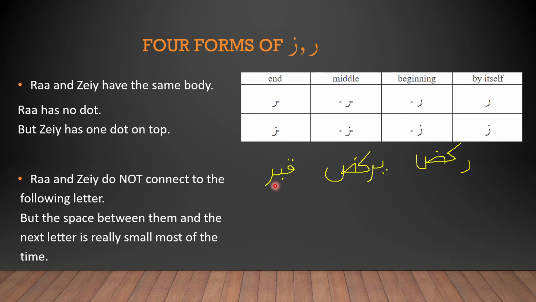This is because Ra and Zay are one of the 6 letters that do not connect with it. So let's revise all the letters that do not connect with the following letter: Alif, Dal, Zal, Ra, and Zay. With this we complete 5 letters, and there's one last letter which does not connect with the following word. Alright, so now let's move on and see what other things we have to learn.